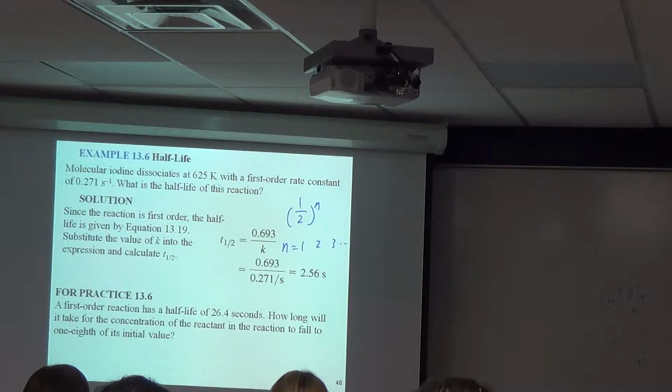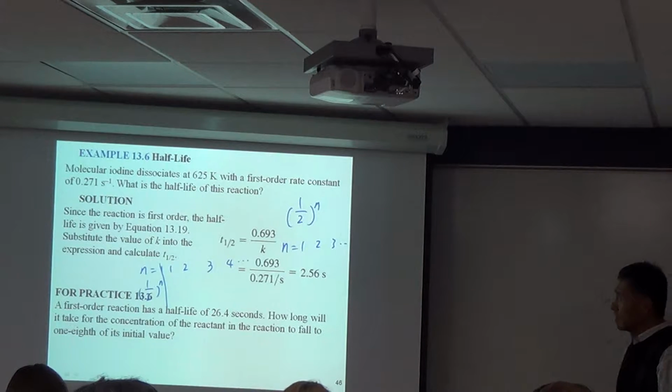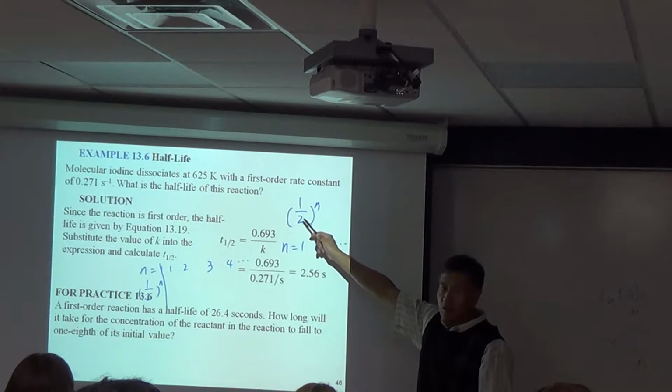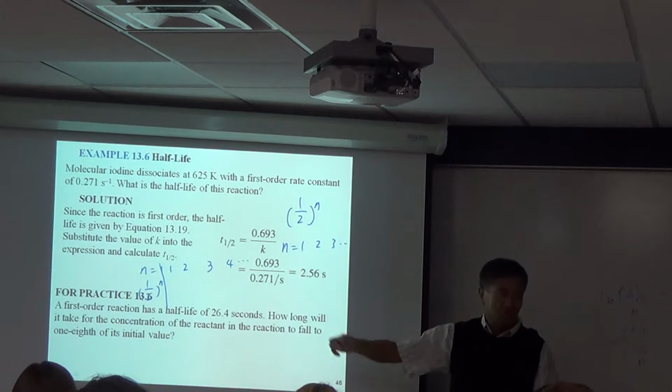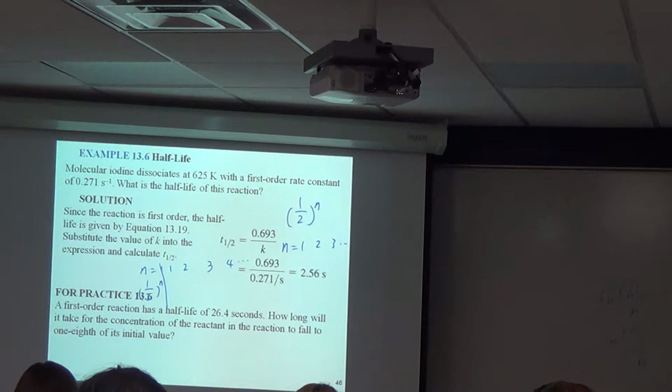Okay? I'll make a table here. So n equals 1, 2, 3, and 4. Let's just try the first 4 half-lives. Using this formula, 1/2 to the n power. If I put n as 1 in that formula, it means 1/2 to the first power. You still get a half.